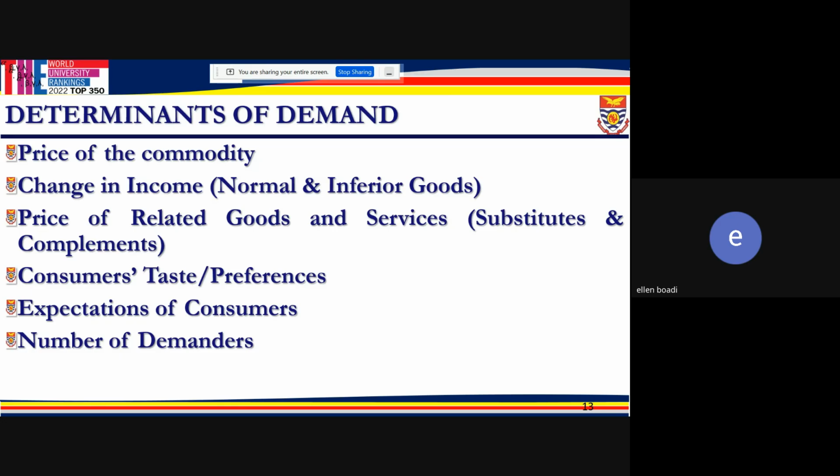The plate of jollof rice, which is the commodity in question, is still 10 cedis. But the plate of fried rice, the substitute good, has fallen to 5 cedis. My question is, what will be the effect on the quantity demanded of jollof?